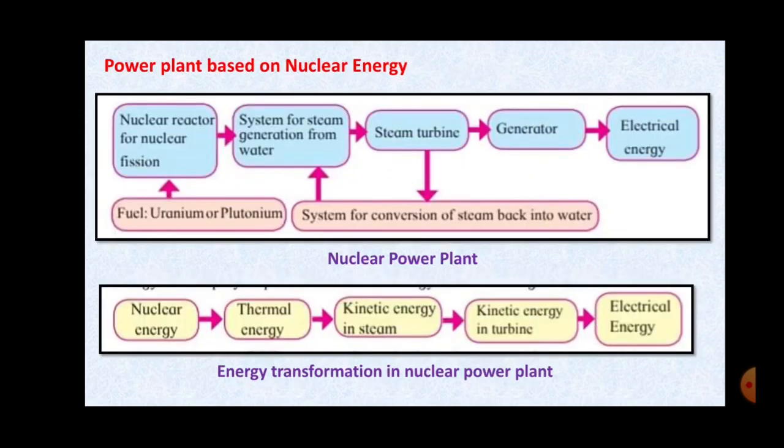The second power plant is based on nuclear energy. Here we have to take the radioactive elements, uranium or plutonium, and they are converted into very unstable elements. The unstable element is the isotope of uranium, right?